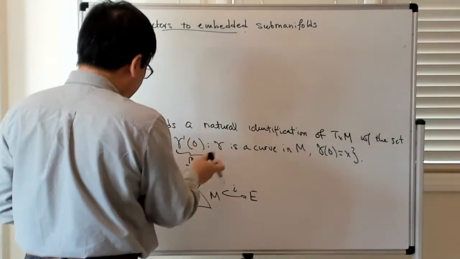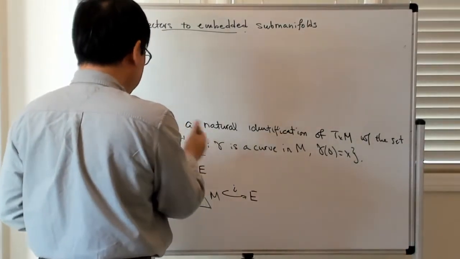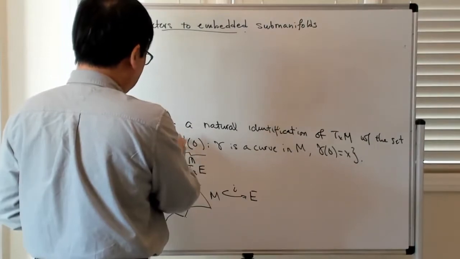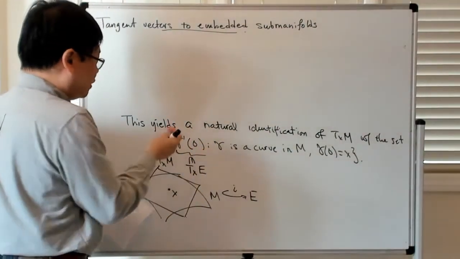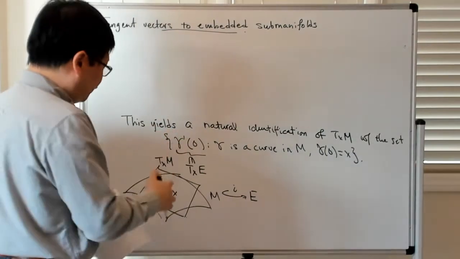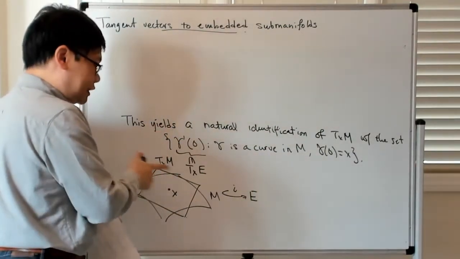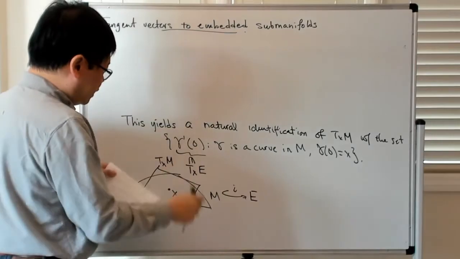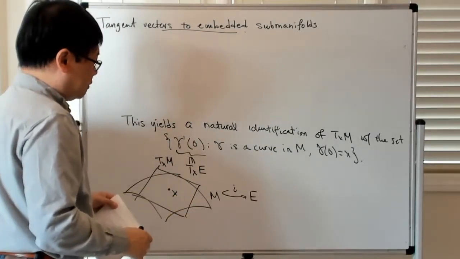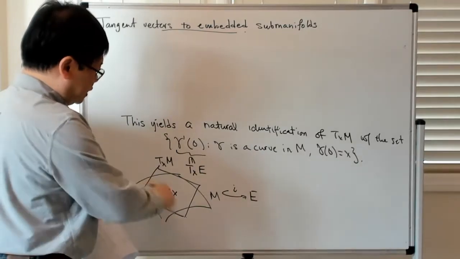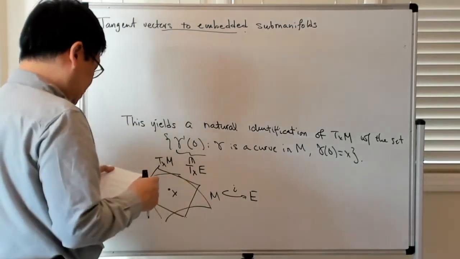Okay, so in any case, the point is that there is this identification between gamma dot, which is this abstract vector, with gamma prime, which you really should think of as the literal tangent vector, where you take the representative curve and embed it into the embedding space.